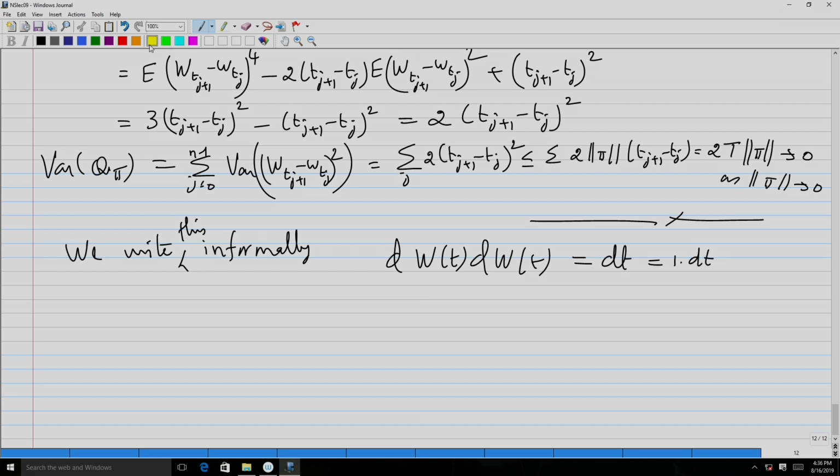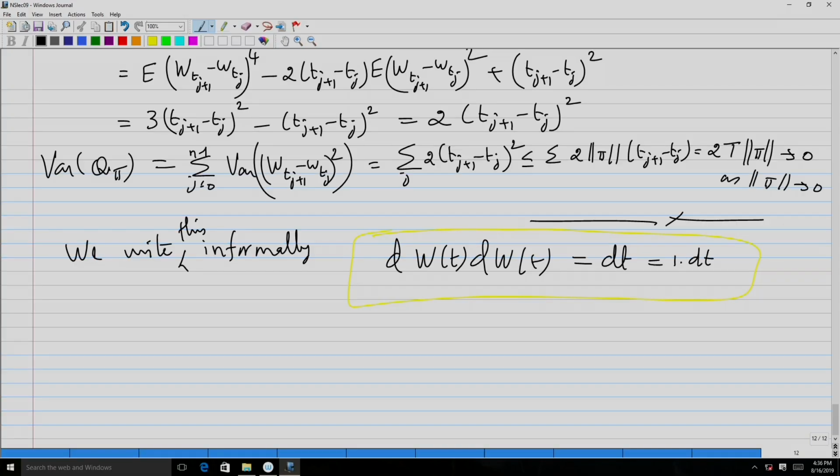This essentially means Brownian motion accumulates quadratic variation at the rate of 1 per unit of time. This quadratic variation will turn out to be the source of volatility in asset prices driven by Brownian motion based models.